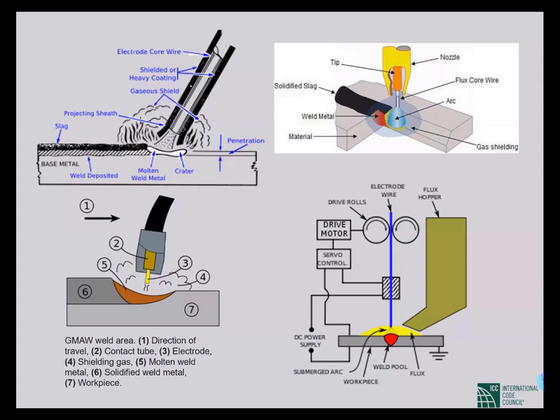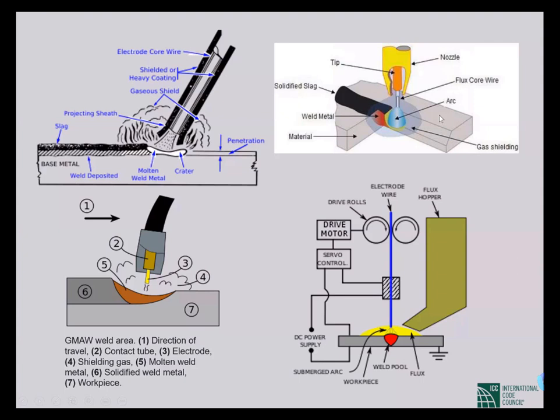And bottom left is the FCAW type. If we have a gas nozzle, then this is FCAW-G type. So we have a gas nozzle and flux core wire, and an arc is produced.